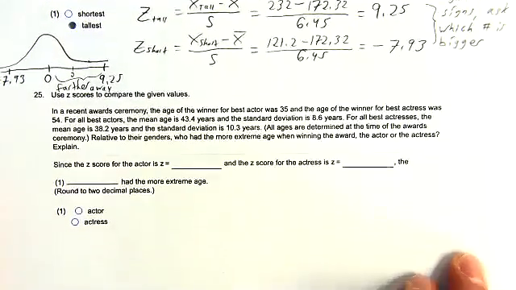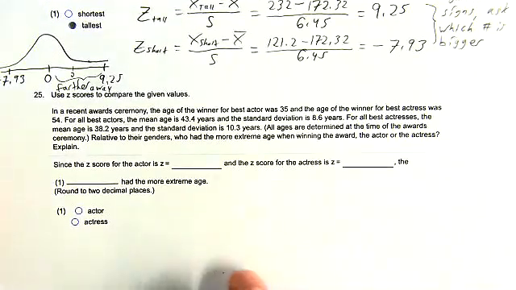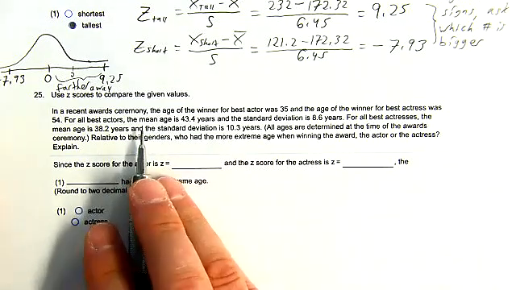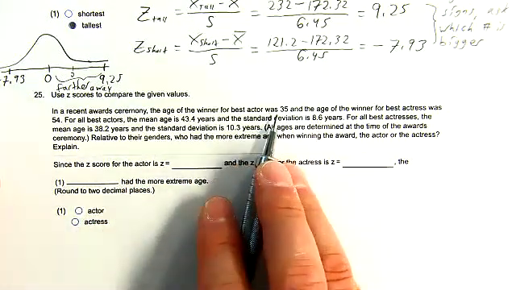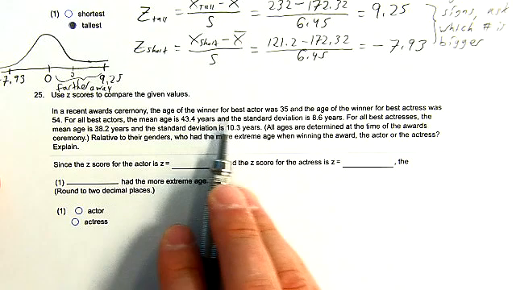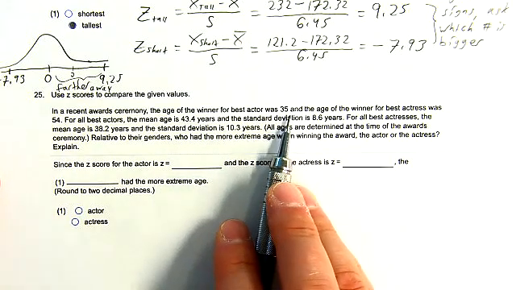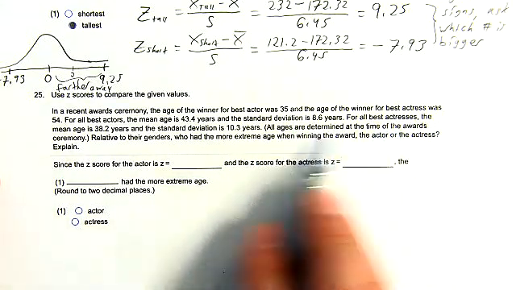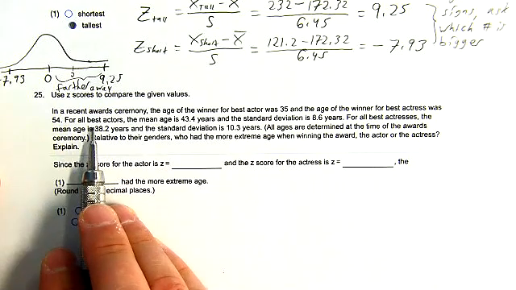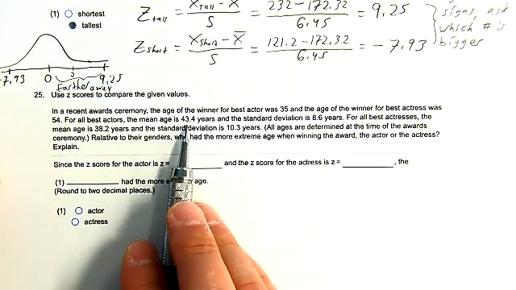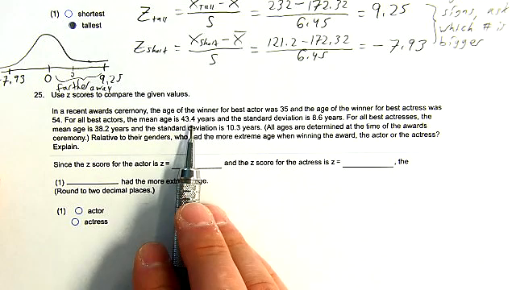25 is similar. We're going to look at ages of Academy Award winners. So we have the age of the winner for Best Actor was 35, and the age of the winner for Best Actress was 54. For all Best Actors, the mean age is 43.4.